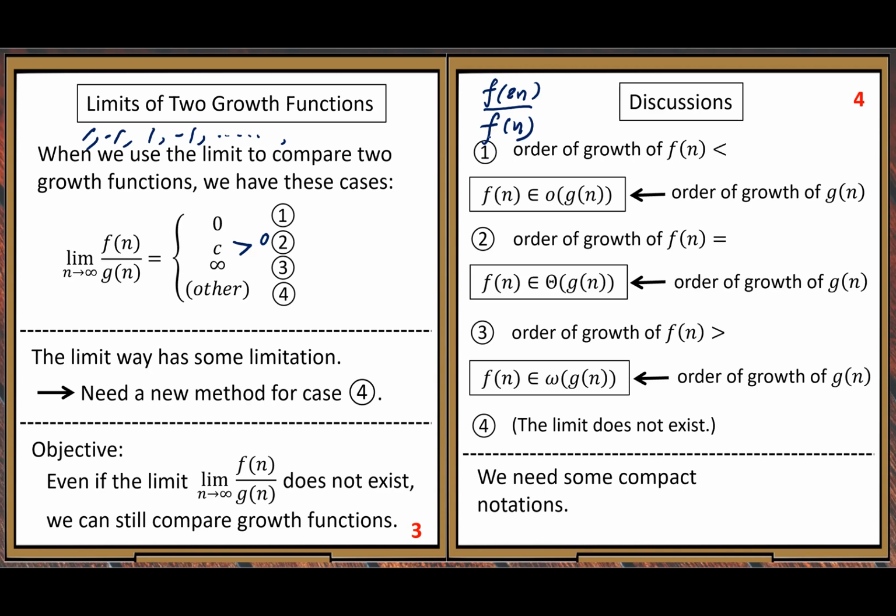Asymptotic means approximate, not very precise. We have more actually, and later when we have a chance we may go through a few more, but these three are the most important. Other cases we rarely use, though sometimes we may use a little bit.